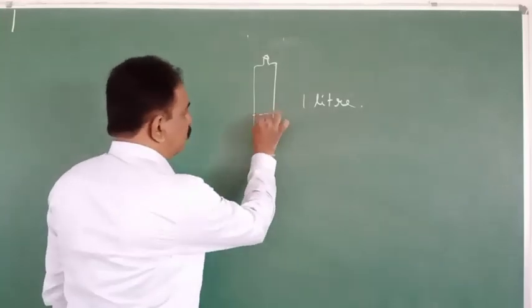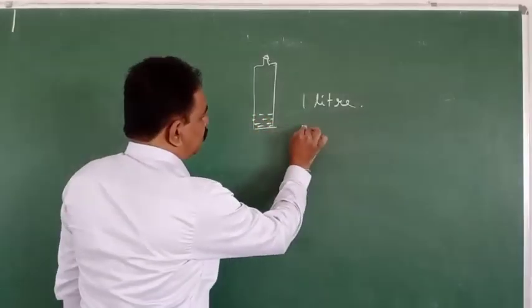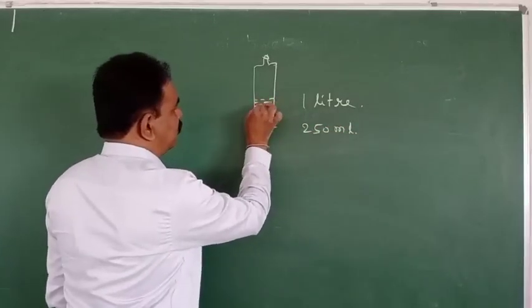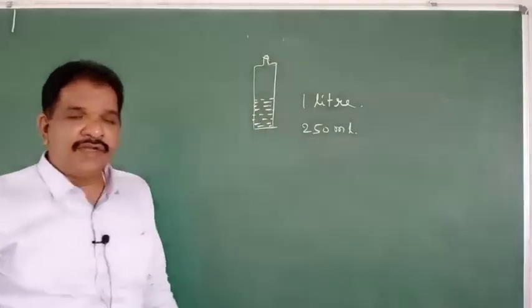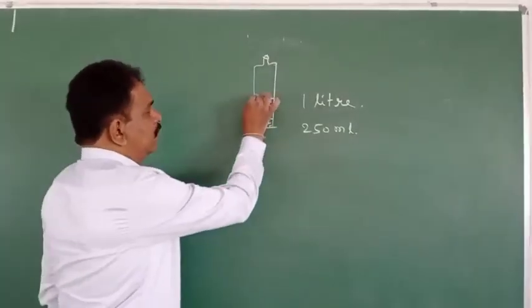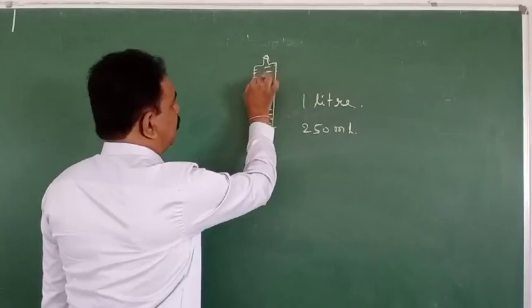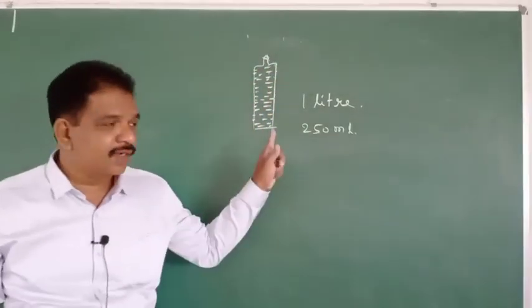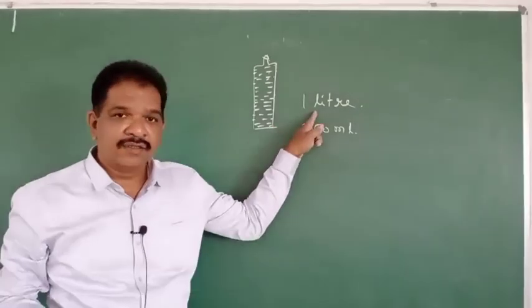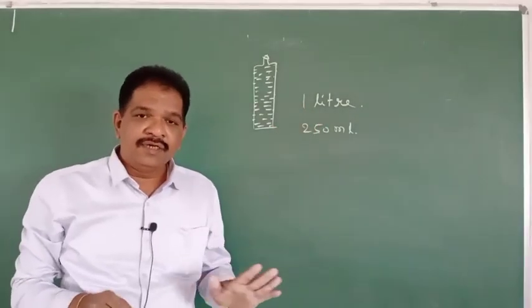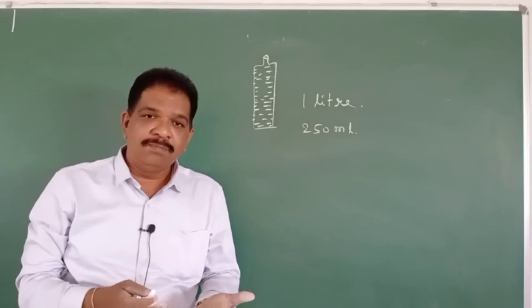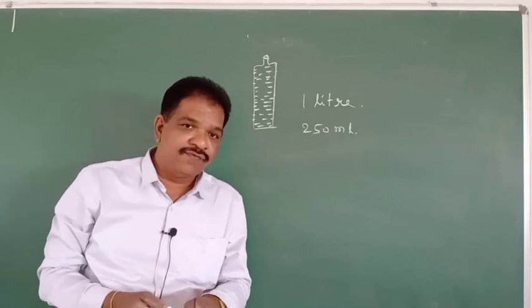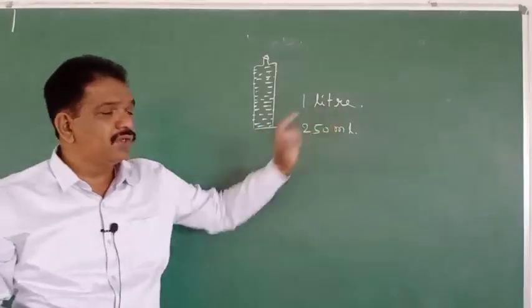It may have 250 ml of water, it may have 500 ml of water, it may have 1 liter of water. So the capacity of this water bottle is 1 liter, but the maximum water we can fill in it is equal to 1 liter.